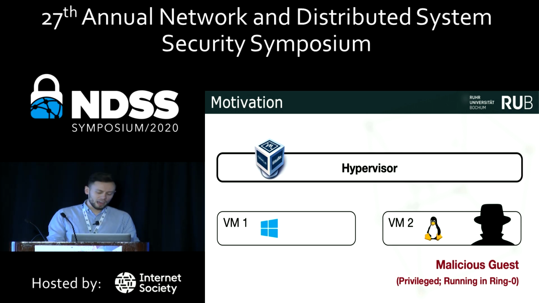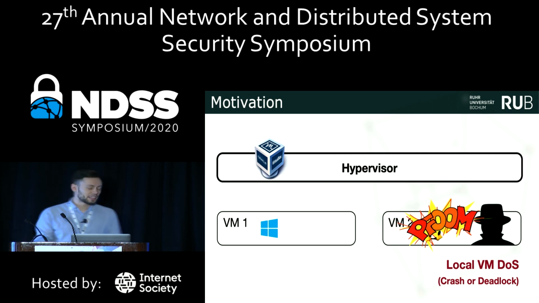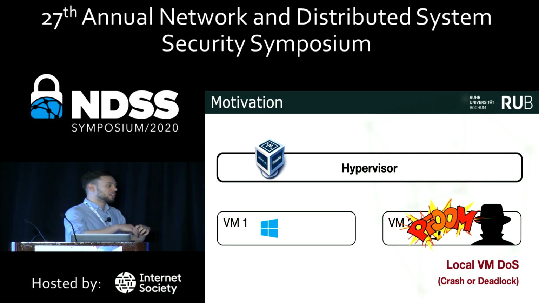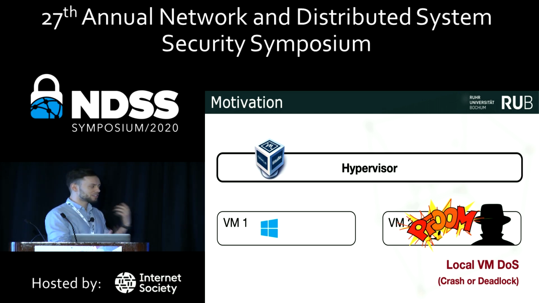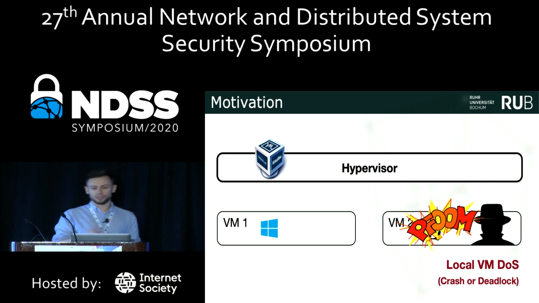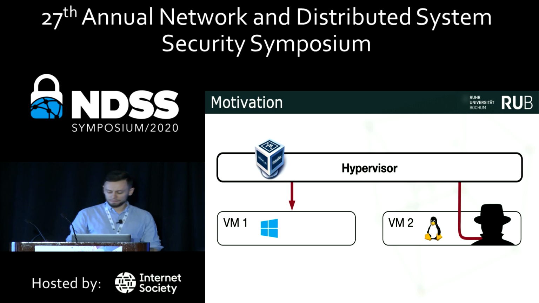First of all, very simple, an attacker might be able to just crash the virtual machine itself. It's not the same as crashing the operating system because there is a distinction, but it's still not that interesting unless it's a deadlock or an infinite loop, which will result in some kind of resource exhaustion in terms of CPU time. But what if we can move this attack to another virtual machine?